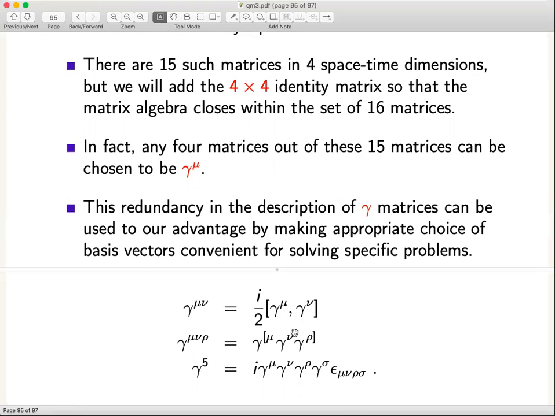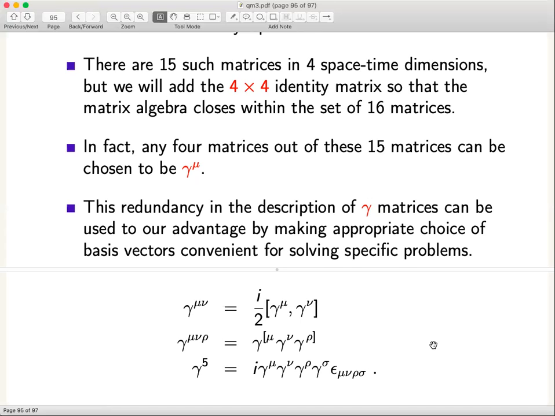When you write them in the matrix form, then there is nothing to choose between one matrix representation versus another matrix representation. For example, you could have written down a matrix which is not off diagonal sigma minus sigma, but it is off diagonal sigma sigma, the way alpha matrix was written. Okay, you could have chosen it in that fashion also if you wanted.